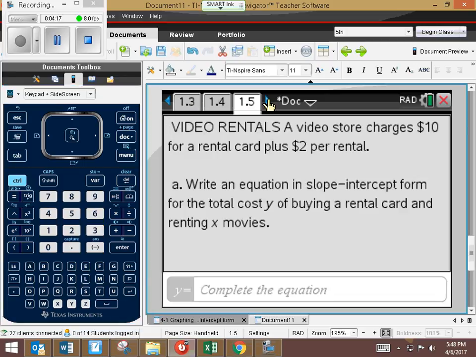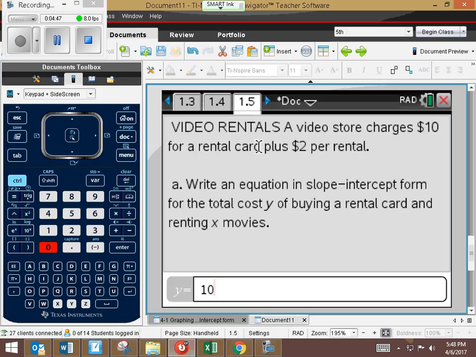Our next example: video rentals. A video store charges $10 for a rental card plus $2 per rental. Write an equation in slope-intercept form for the total cost y of buying a rental card and renting x movies. If they charge $10 for a rental card, that's the upfront cost, so I'm going to start there.